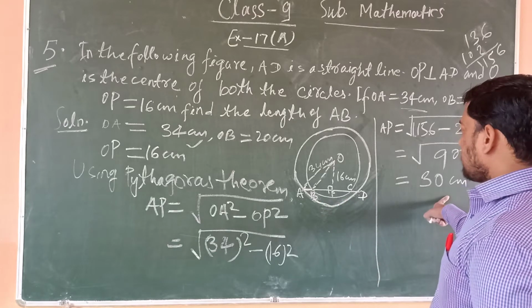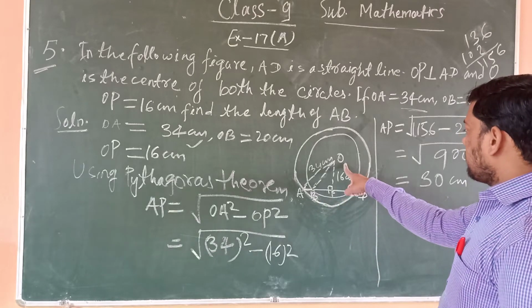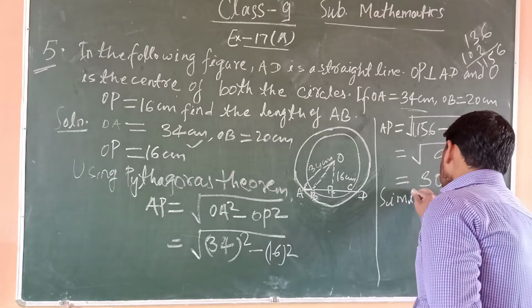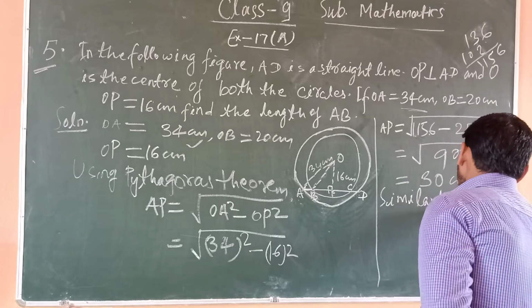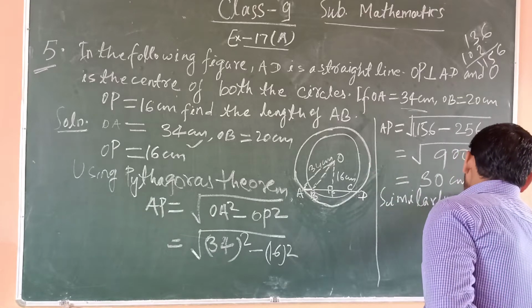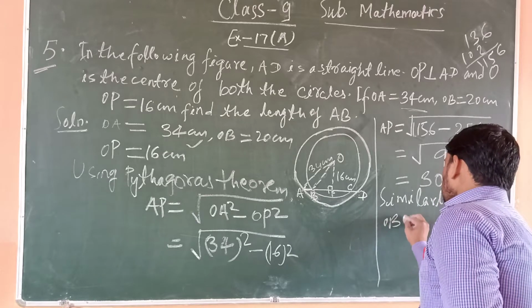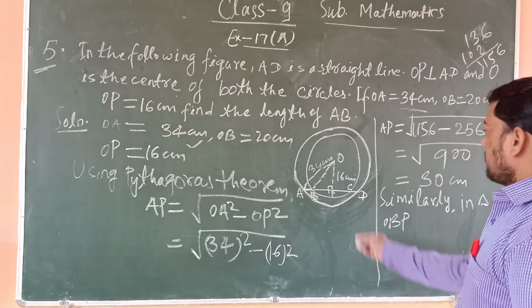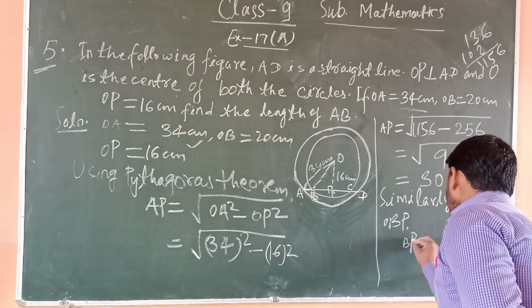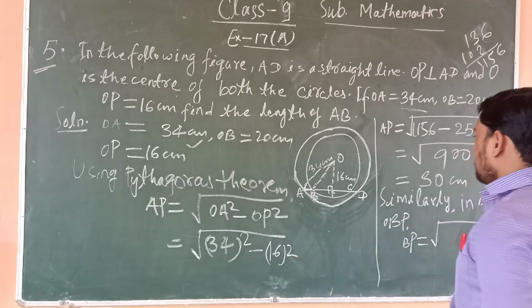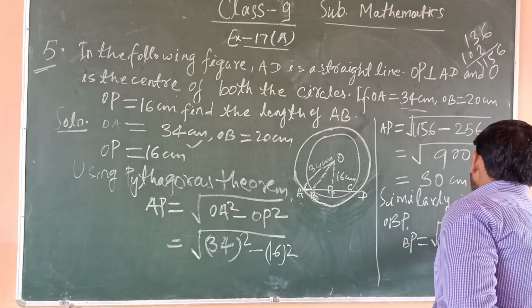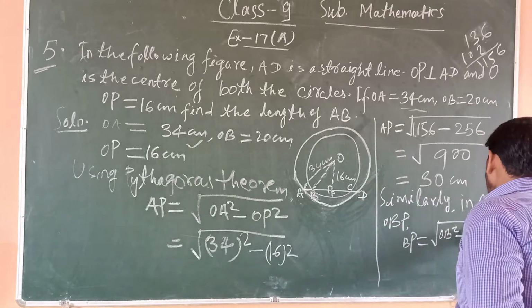AP is 30 centimeter, and in triangle OBP similarly, BP is equal to under root OB square minus OP square.